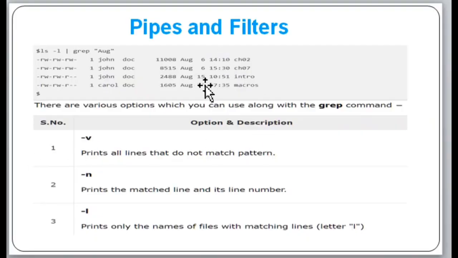But here's some examples. We do an ls -l and we grep for August. When we do that, it's going to list all files that have a modified date of August, which we see here. There are also various options which we can use along with the grep command. We can do -v, which prints all lines that do not match the pattern. -n, which prints the matched line and its line number.